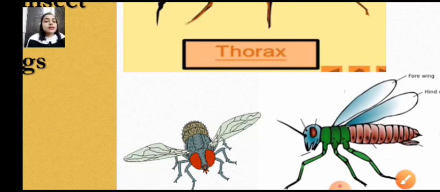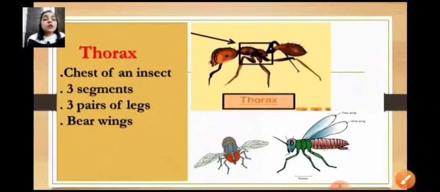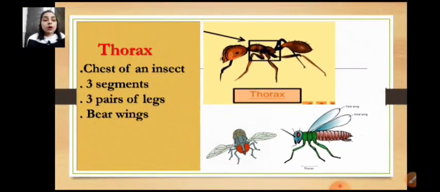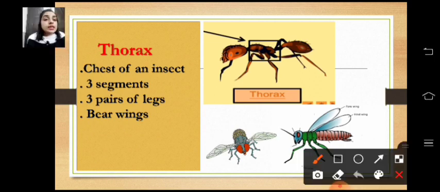These are the 3 segments of the thorax. They have 3 pairs of legs. As I have told you, they have 6 legs, which means 3 pairs of legs. You can see the 3 legs on this side and the 3 legs on the next side.